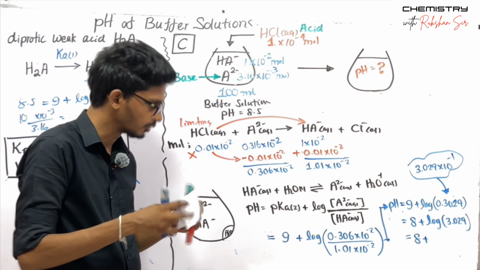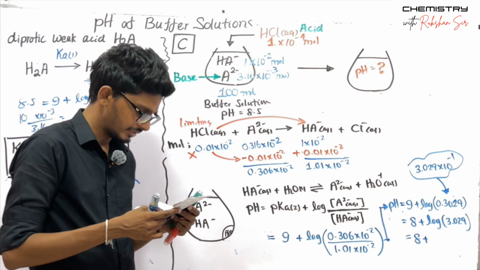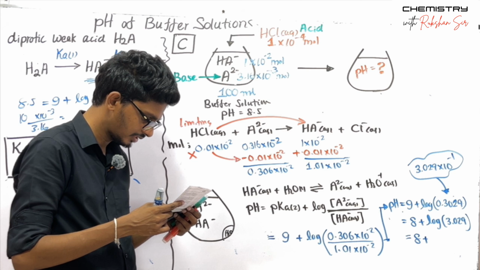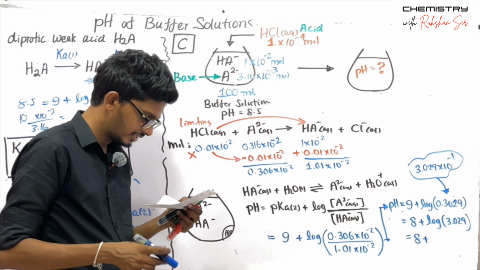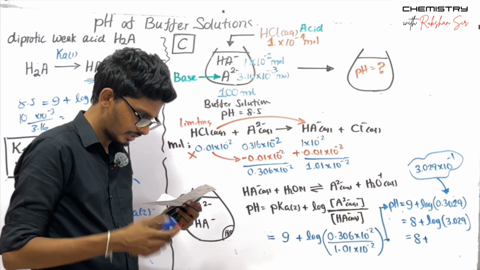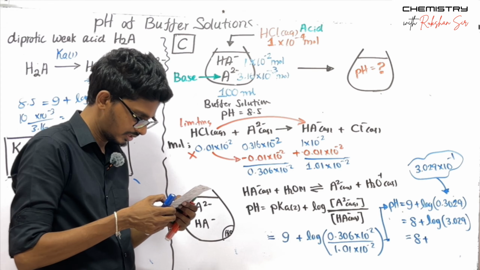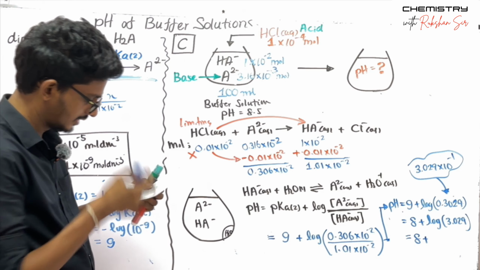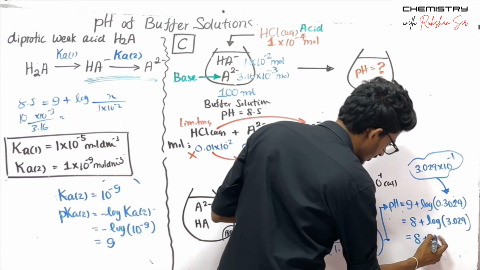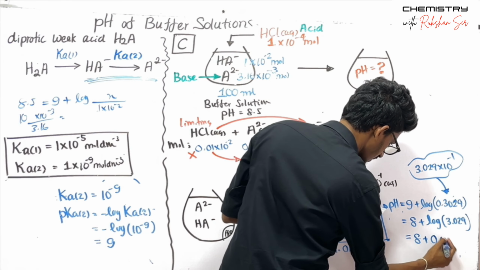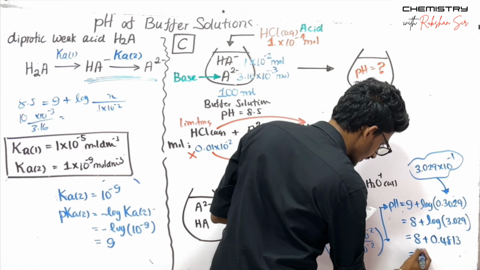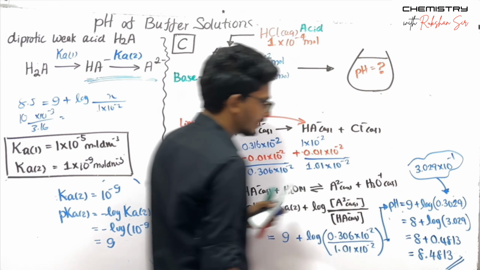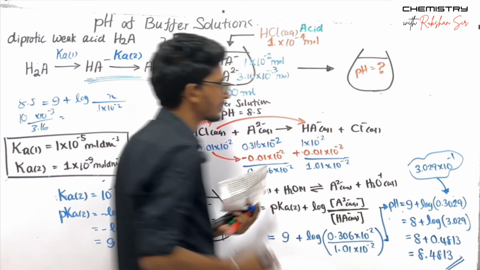Log 3.029 is 0.4813. So the value is 8.4813. That is the pH value at the end of this process.